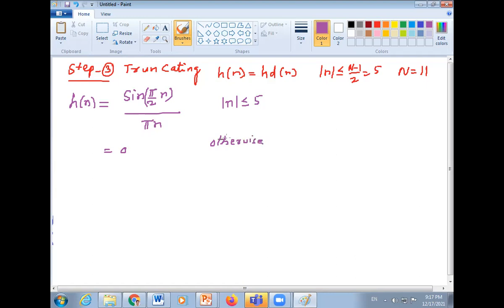Okay, then next we'll proceed further for calculating the filter coefficients value h of 0, h of 1, like that we need to calculate the values. So first, by putting the value, the next step is the filter coefficients we need to calculate.